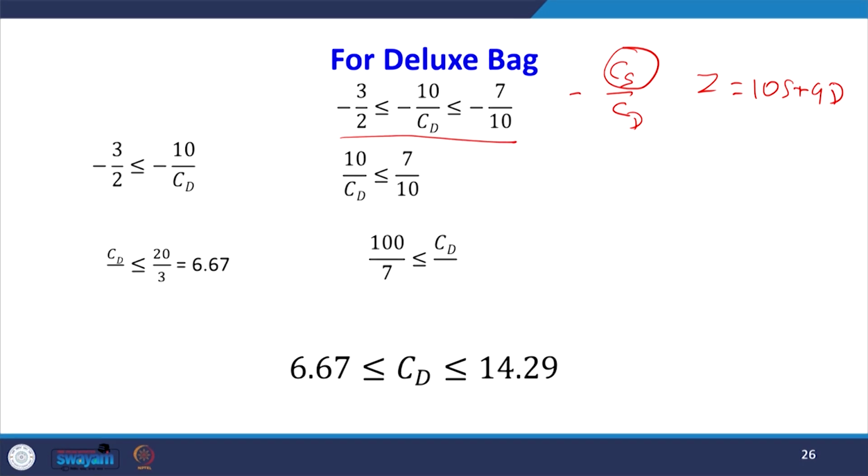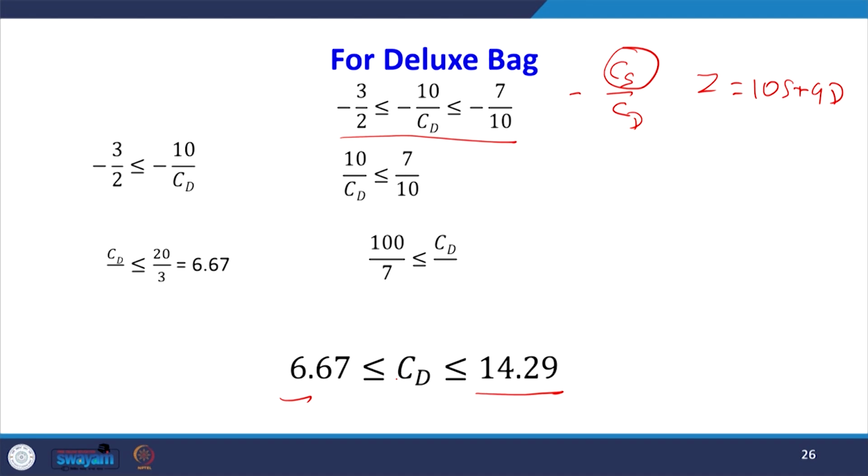So, I am going to find out the allowable range for the coefficient of the deluxe bags by assuming that the coefficient of the standard bag is 10. Then I readjusted on the left hand side. I got 6.67 as the lower limit and the upper limit is 14.29.